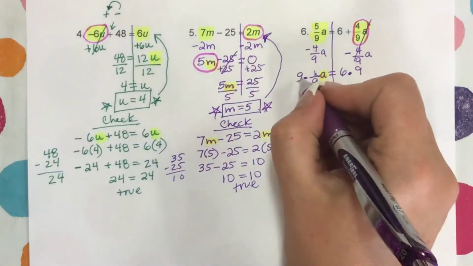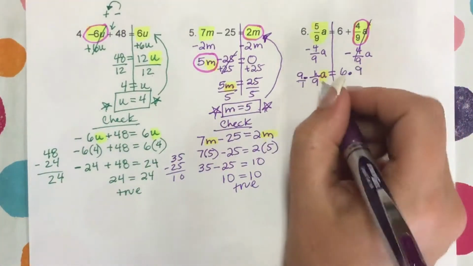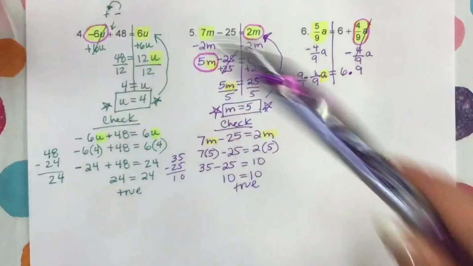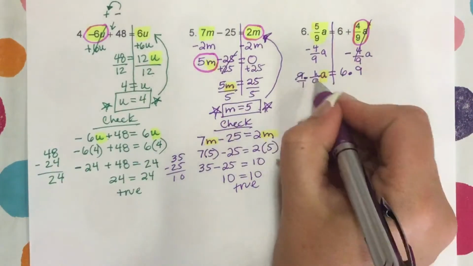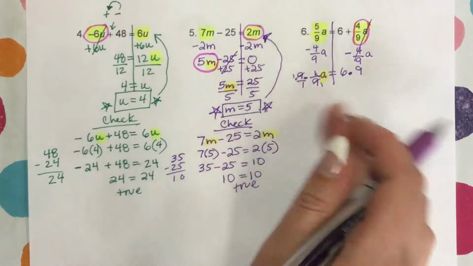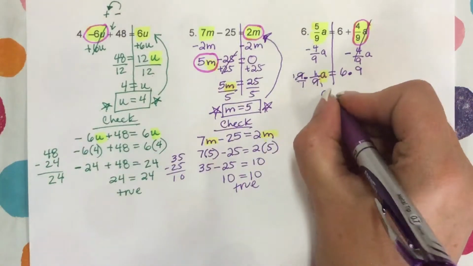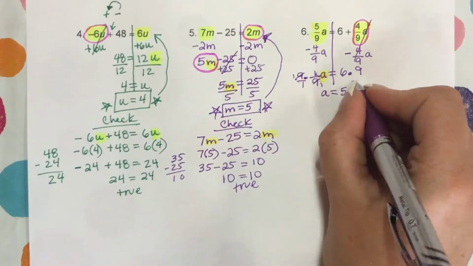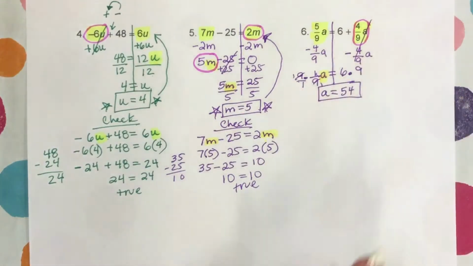Whenever you look to multiply fractions, you look to cross cancel first and then multiply across, right? So these 9s cancel out. They have a common factor of 9 and they become 1, and then 1 times a is just a, and now we have a by itself. And then 6 times 9 is the same thing as 54. So there's our answer right there.